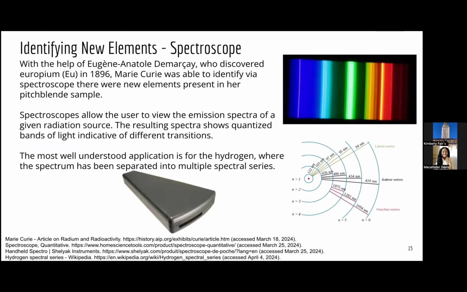Spectroscopes are still used today, and one of the most well-known applications is in the hydrogen spectral series. If you've ever heard of the Lyman, Balmer, Paschen, there's many more. Any of the series, they're what allow us to quantize energy transitions based on light emissions. And this was very key in identifying these elements.